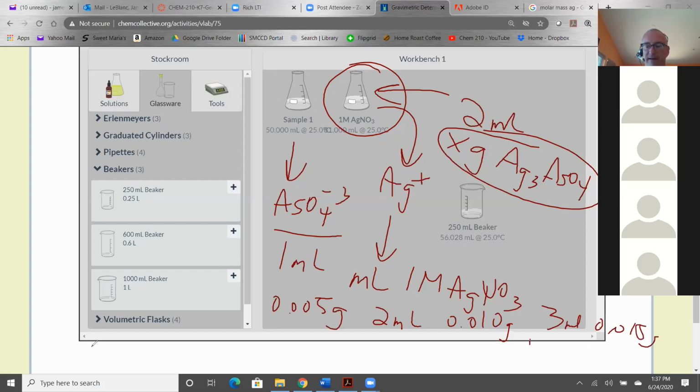Then you decide, okay, I'm going to add 10 mils, and you get 0.015 grams. Then you figure out that's all you're going to get. That's the maximum. From that number, you figure out how much arsenate was there in the first place. So you want us to report all of that into our data table? Yes.